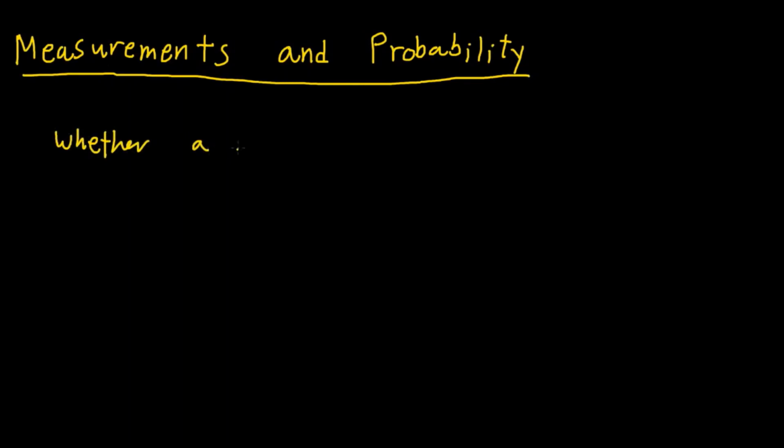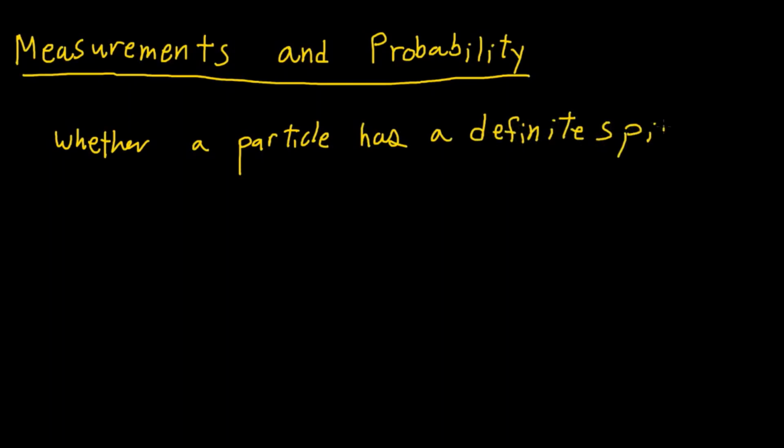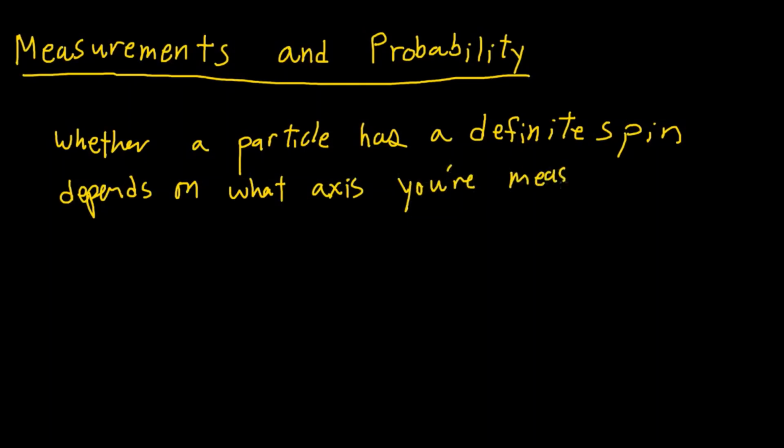Whether a particle has a definite spin, so by definite spin I mean it's either 100% up or down, depends on what axis you're measuring the spin.